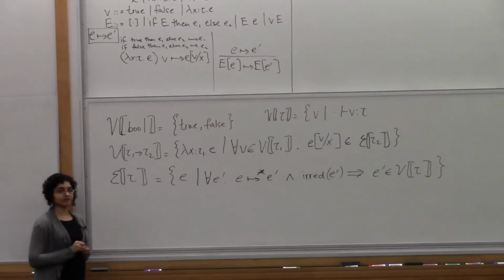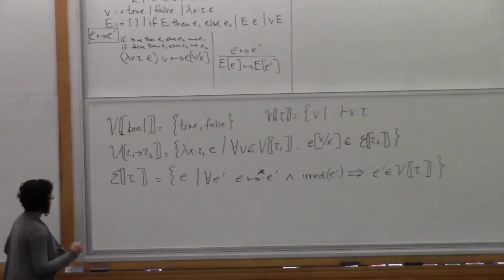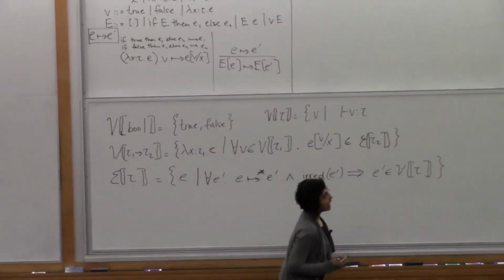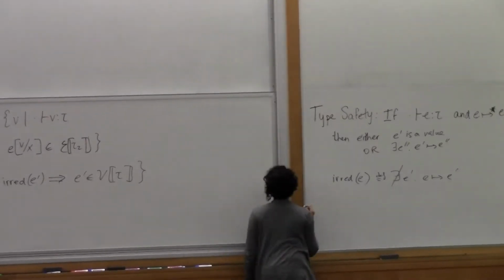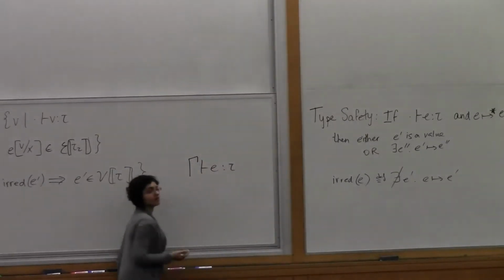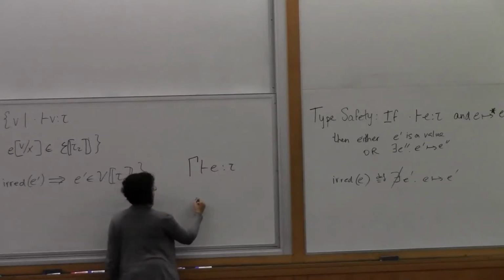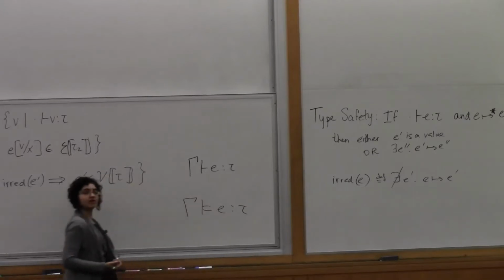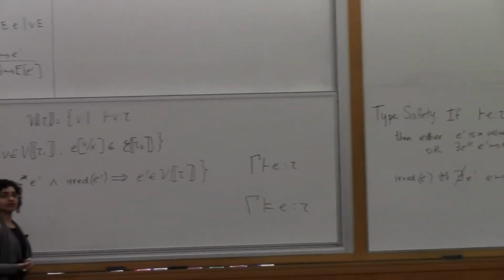All right, so we're going to do an analogous thing here. Basically what I want to do is define a semantic notion. So here, you know, the type safety judgment: E has type tau under gamma, right? I want to define an analogous semantic notion, which I'm going to write with a double turnstile here, all right?